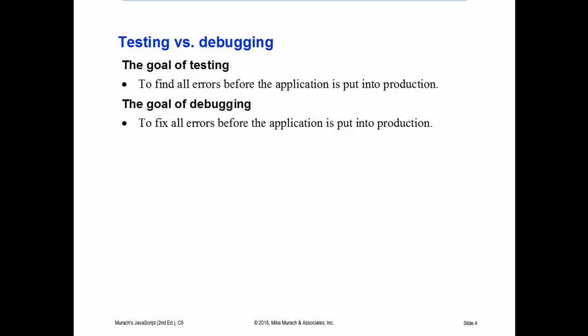Now again, like I said, some of the stuff in here might sound a little different, might make sense, or may sound off the wall. The goal of testing: to find all the errors before the app is put into production. That might make sense. The goal of debugging is to fix all errors before the app is put into production.